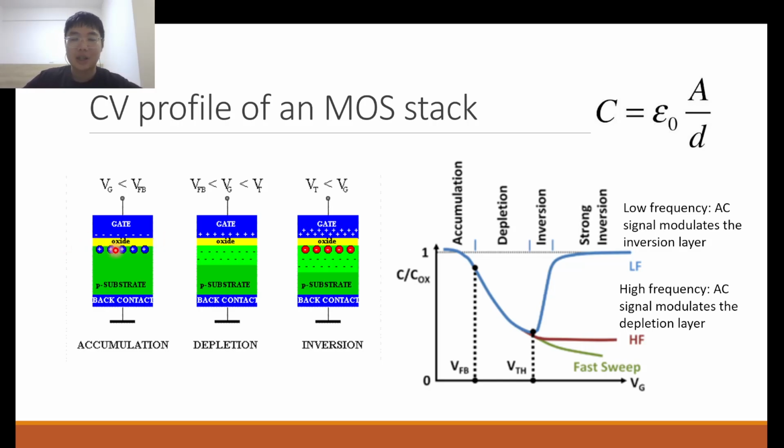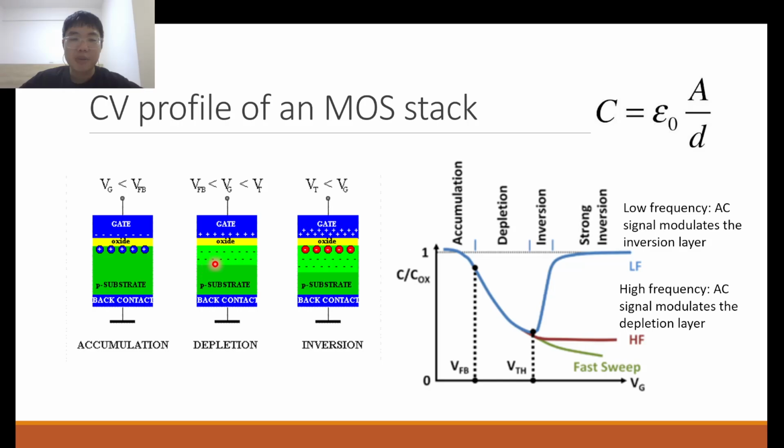The oxide is the only dielectric layer, because your P substrate is able to conduct, because it's full of holes that are being attracted by the negative gate voltage. So you should see a constant capacitance under accumulation mode.